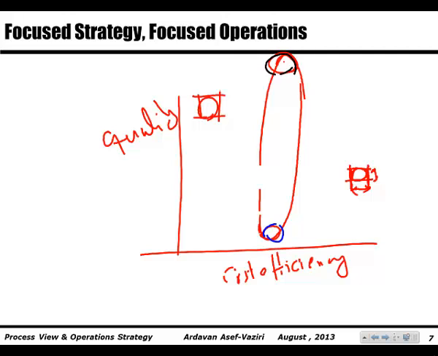We do not have a successful company who can produce 1,000 items. Some of them are very low cost, some of them are very high cost, some of them are very low quality, some of them are very high quality, all under the same management, under the same plant, under the same operations.